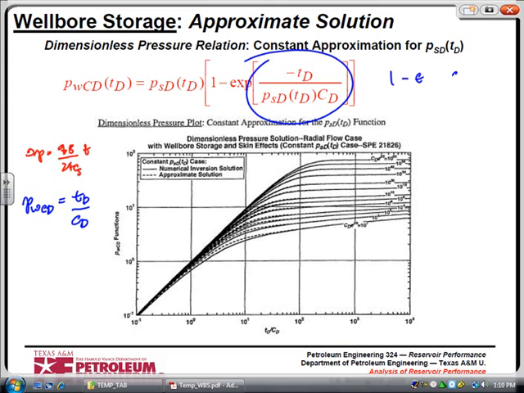And epsilon is equal to what? TD over PD CD, right? So then what happens? That 1 cancels with that, right? This PD cancels with that. And this becomes what? TD over CD.